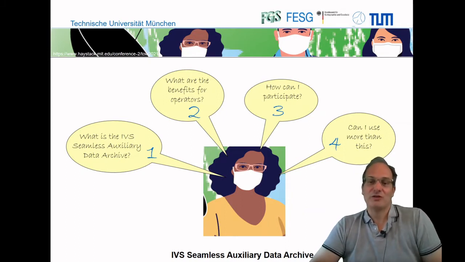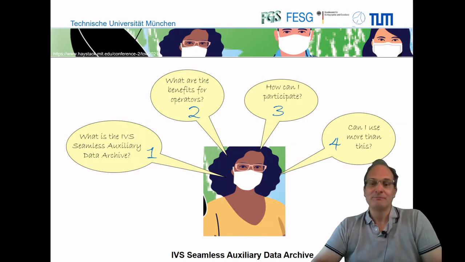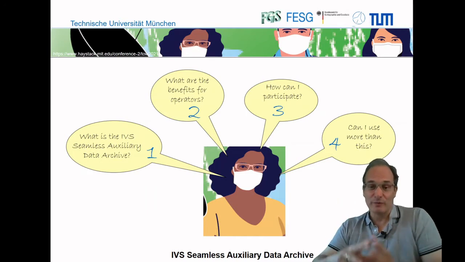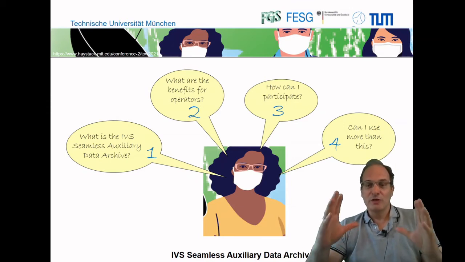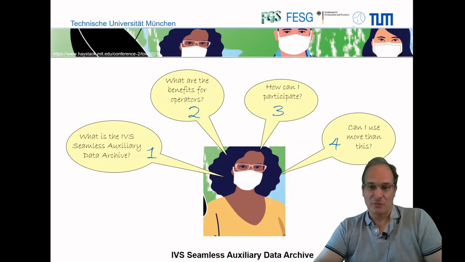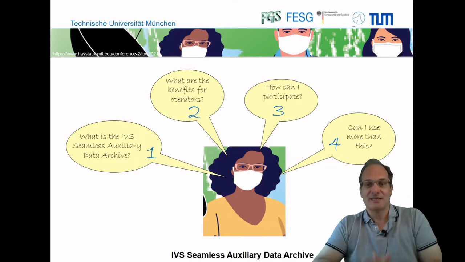And the fourth aspect is, I want to show you that this data archive is much more than what you use in the IVS Seamless Auxiliary Data Archive, because we in Wetzel, we use it also for the complete monitoring. So we do complete unattended observations with our radio telescopes, and everything is mainly based on this data archive.